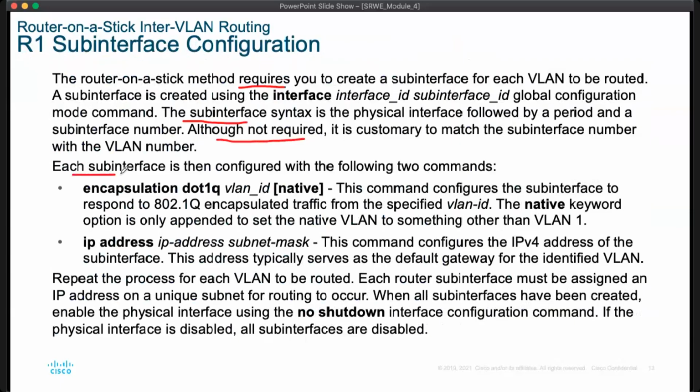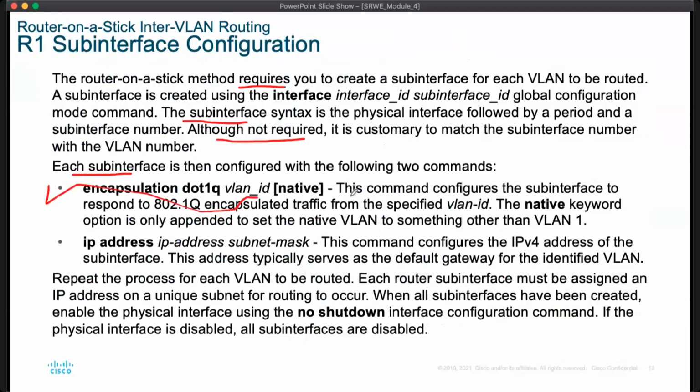So each sub-interface is then configured with the following two commands. First, encapsulation dot1q followed by the VLAN ID. All right, so this is the command we use.